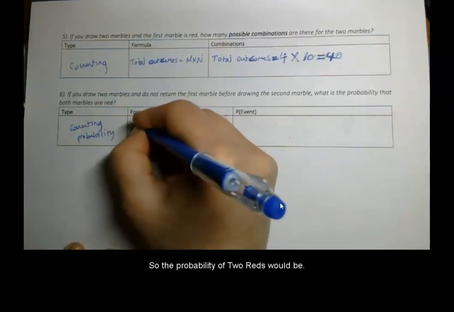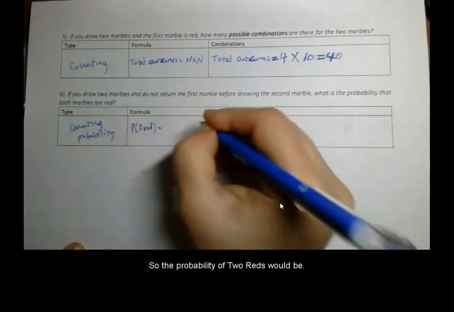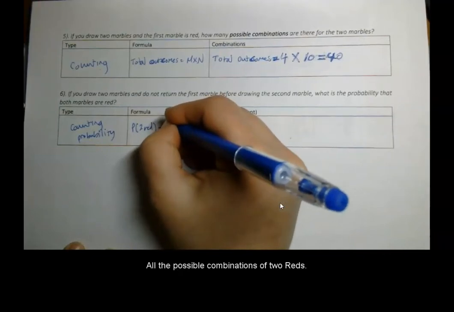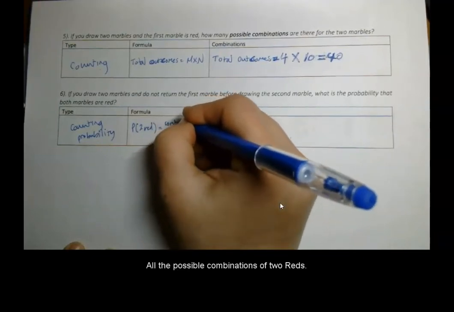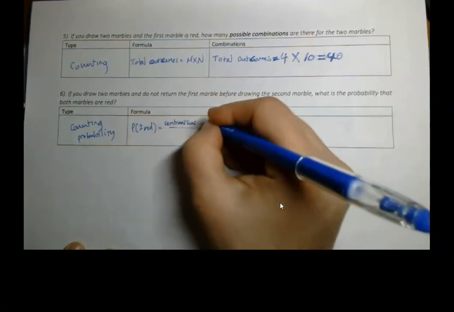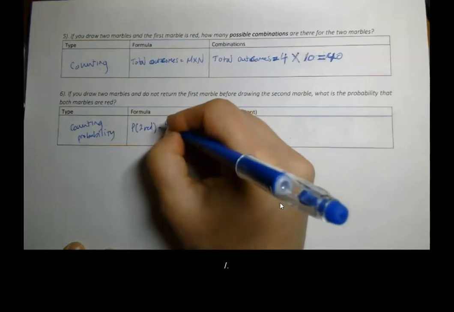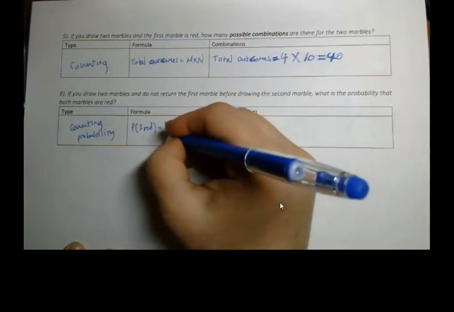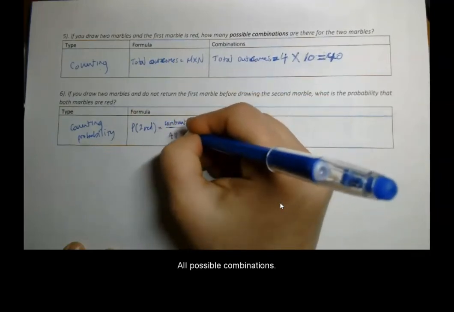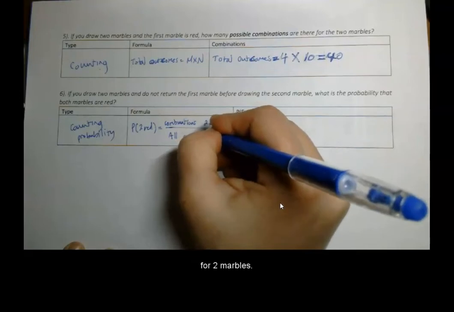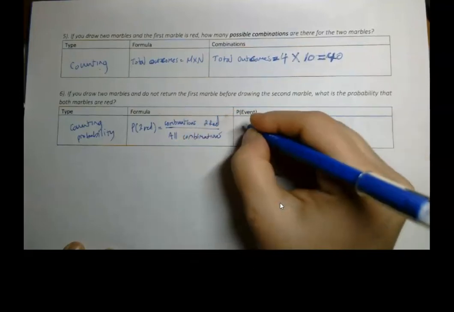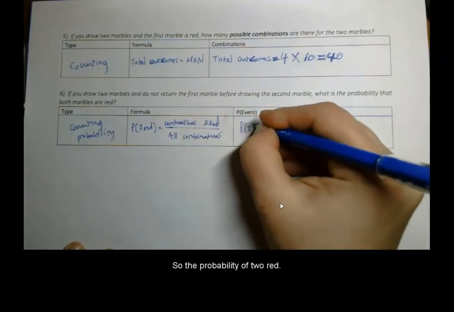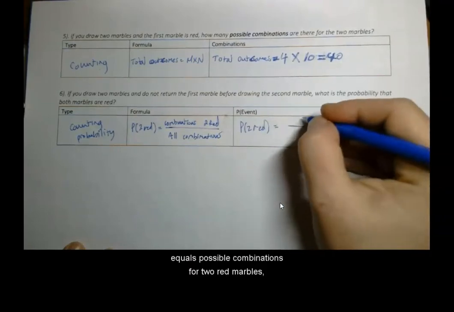So the probability of 2 reds would be all the possible combinations of 2 reds, and then divided by all possible combinations for 2 marbles. So the probability of 2 red, possible combinations for 2 red marbles.